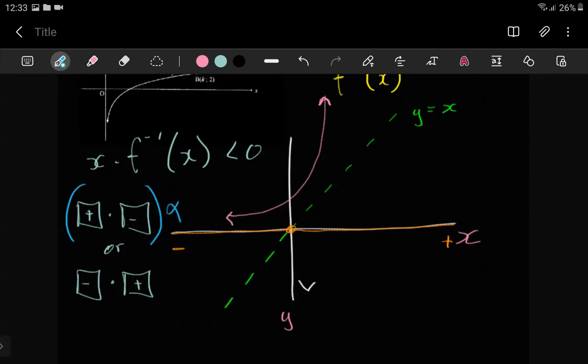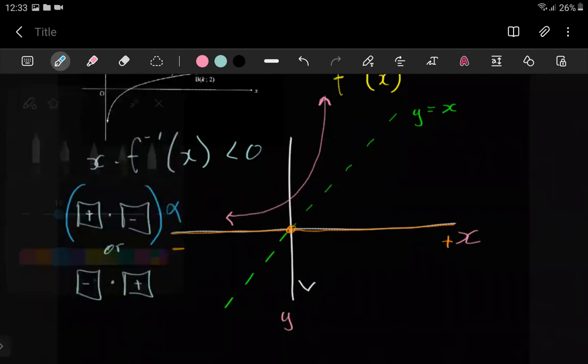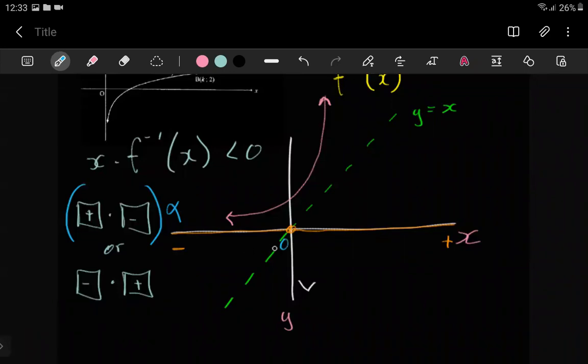In terms of our answer, all that is happening from 0 going all the way to negative infinity: you do have negative x values and you do have positive y values for the inverse. All these y values, all the way to negative infinity, will be above the x-axis. They'll all be positive. They'll never go down.